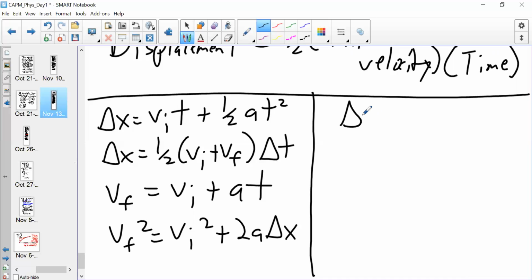Okay, so now in the vertical axis, these same equations, but when an object is in free fall, these equations take a different form. Instead of going in the x-axis, we go to the y-axis. And instead of saying a common acceleration A, the only acceleration in the vertical axis would be what?